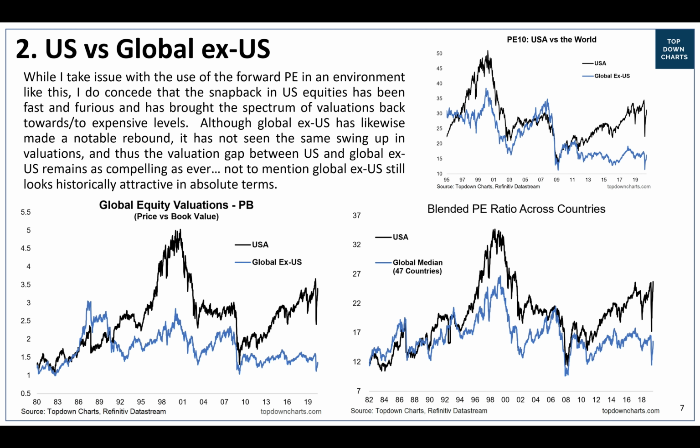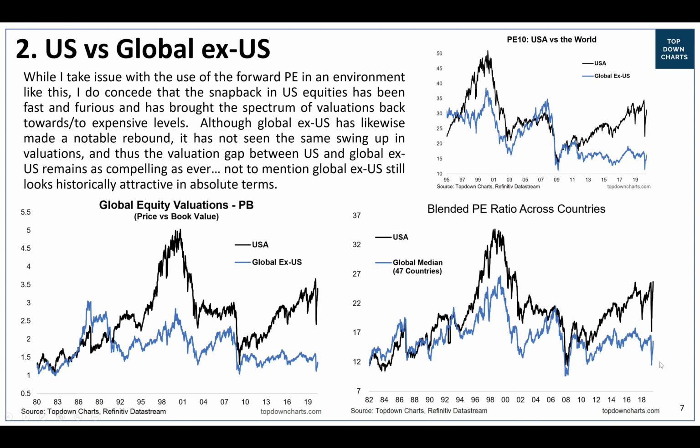I've written fairly extensively on this elsewhere: in times like the situation we're going through now, forward PE is very misleading, while the PE10 probably gives you the best signal, or the best basis we have for coming up with a valuation conclusion. So as you can see there, global median is pretty much at the long-term average.